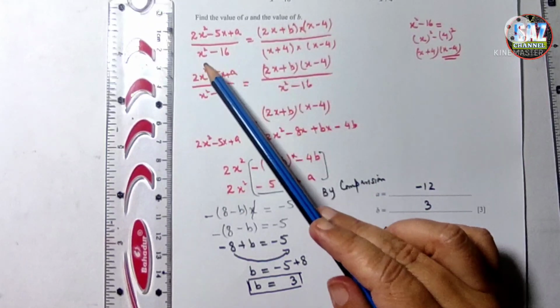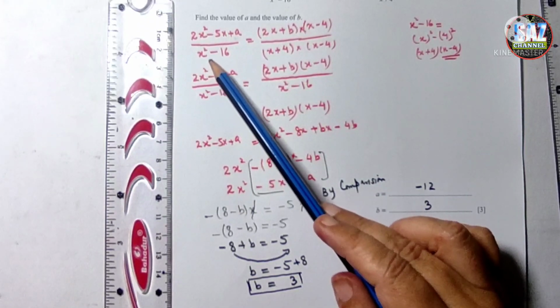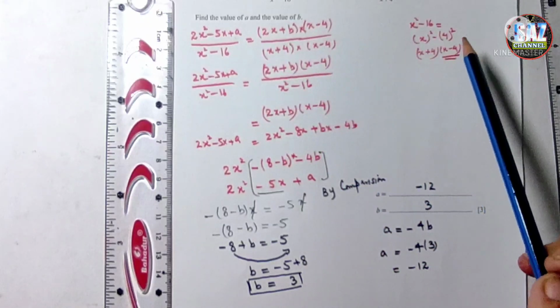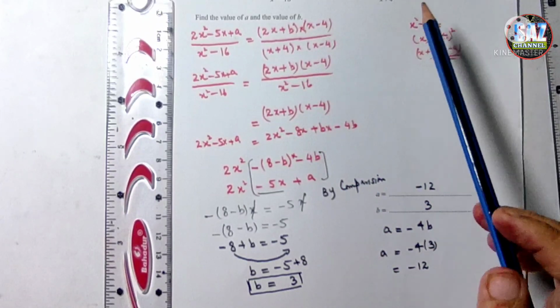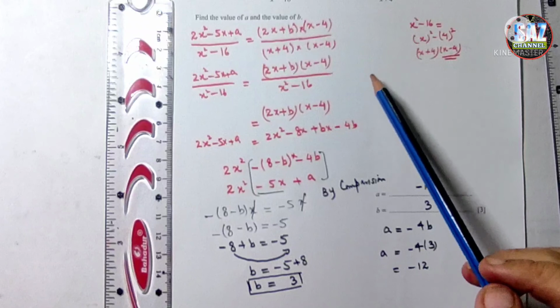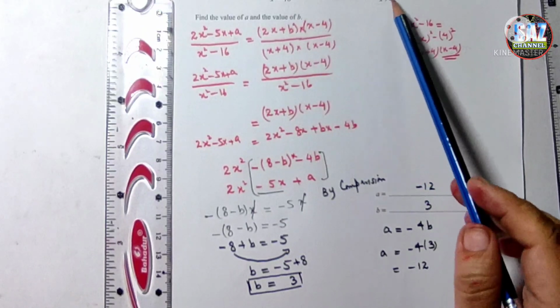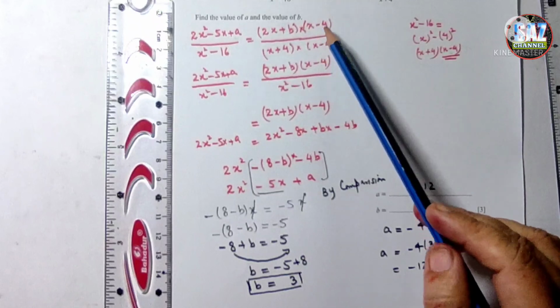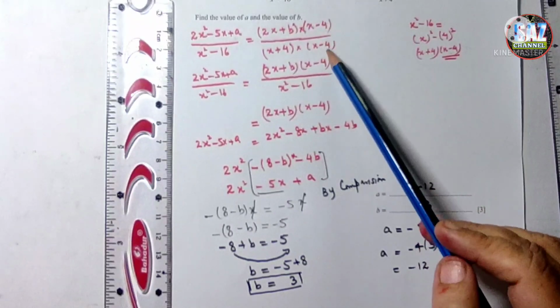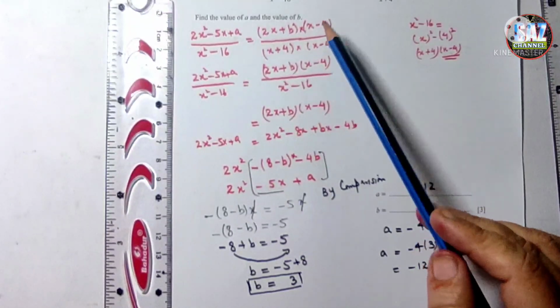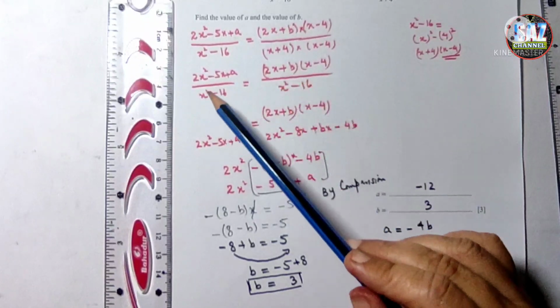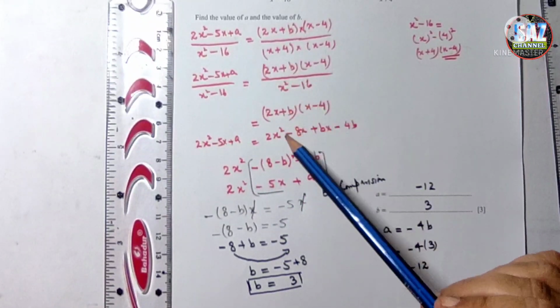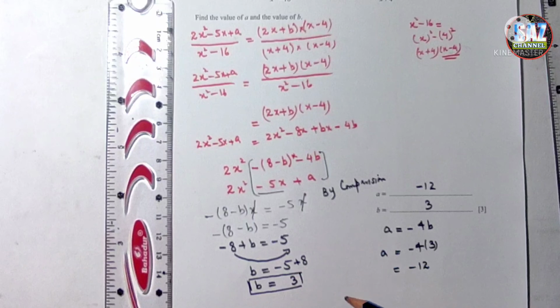But if we look at the denominator, we can see the denominator has two factors, x plus 4 and x minus 4. The answer is having only x minus 4. That is giving us the idea that if I multiply numerator and denominator both by this factor, then we can have the same denominator. This will cancel with this, and then by comparison we can get the values of a and b.